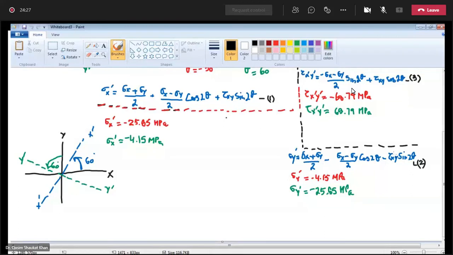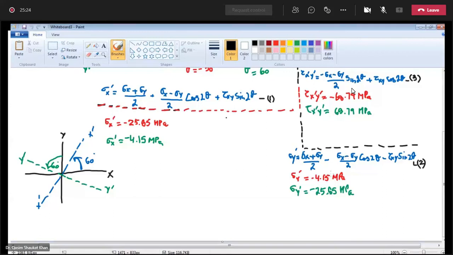So please calculate sigma y dash. Same, it's the same.